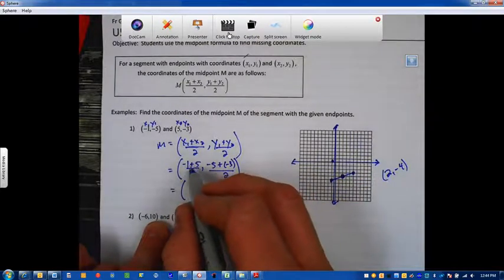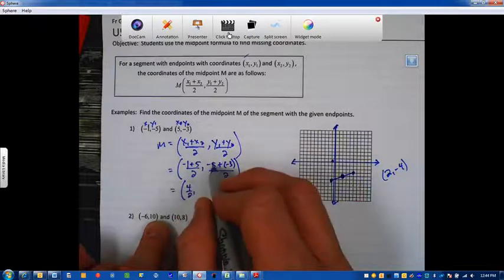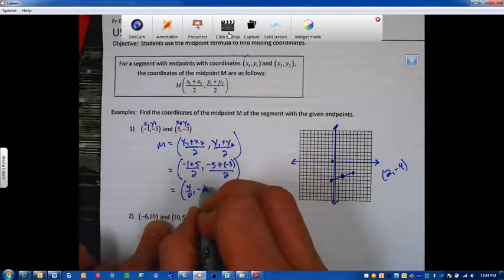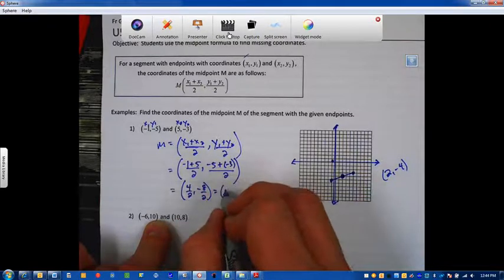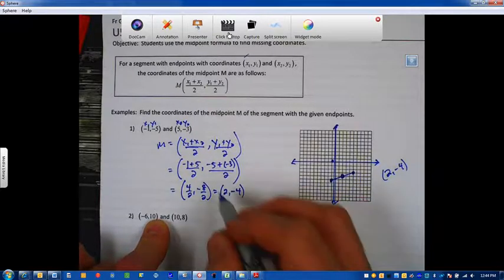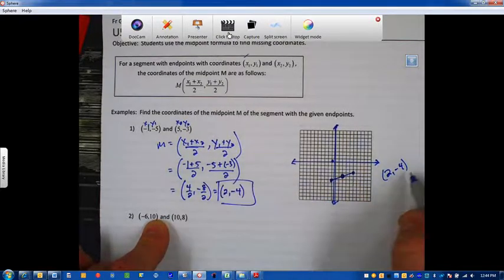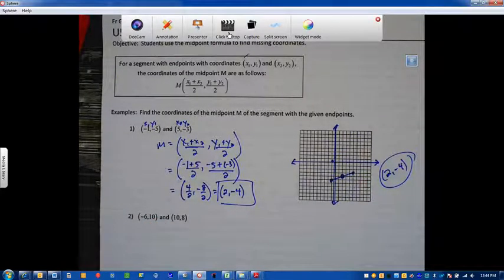Negative 1 plus 5 is 4. Negative 5 plus negative 3 is negative 8. Divide by 2. 4 divided by 2 is, of course, 2. And negative 8 divided by 2 is negative 4. Okay, and then you see that algebraically, we actually get the same coordinates that we did graphically. Okay, pretty simple process.